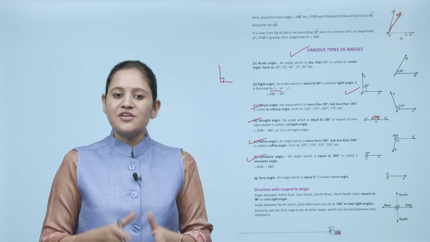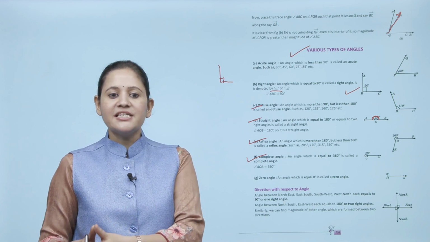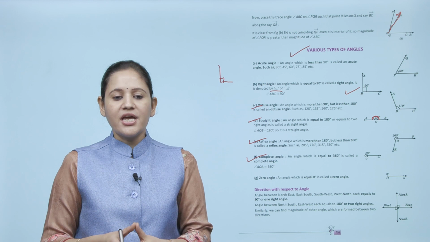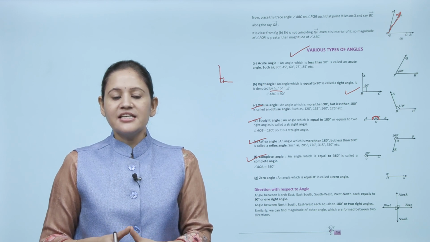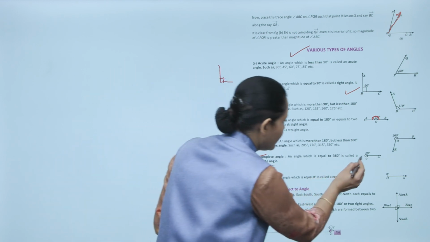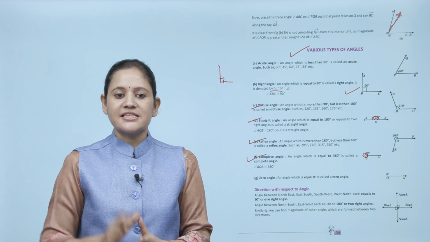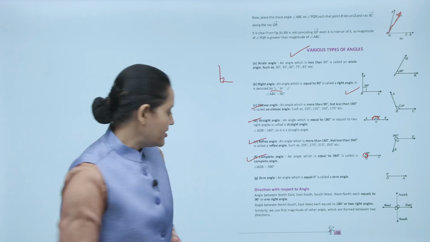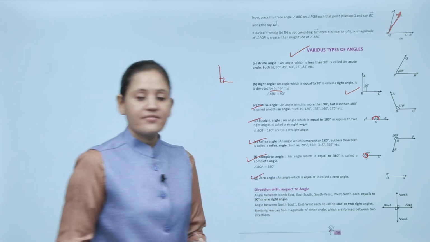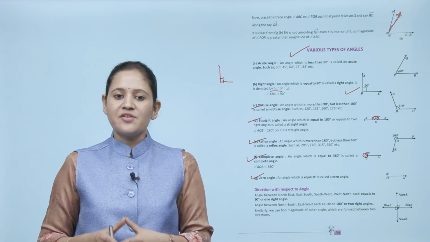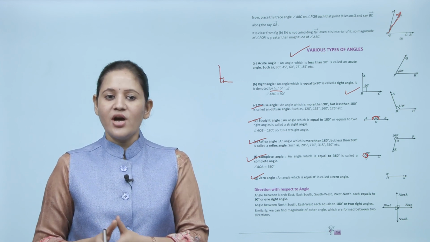An angle which is equal to 360 degrees is called a complete angle. Angle AOA is 360 degrees, that is a complete angle. The complete angle around a point is of 360 degrees. Next, zero angle. An angle which is equal to 0 degrees is called a zero angle.